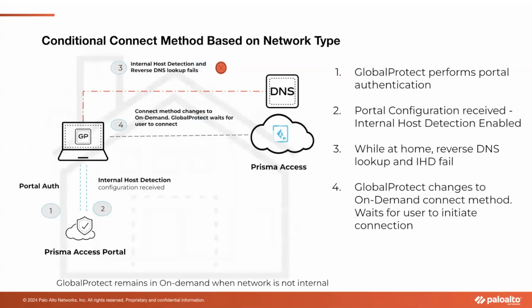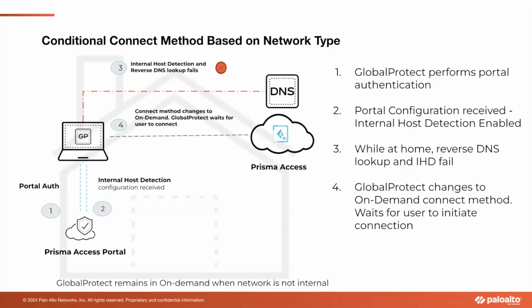Now, with the conditional connect method based on the network type, you have GlobalProtect performing the portal authentication. The portal configuration is received by the host, and the internal host detection is enabled. While at home, the reverse DNS lookup will fail as it is not detected as an internal host.